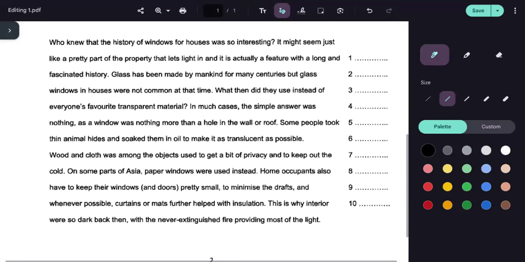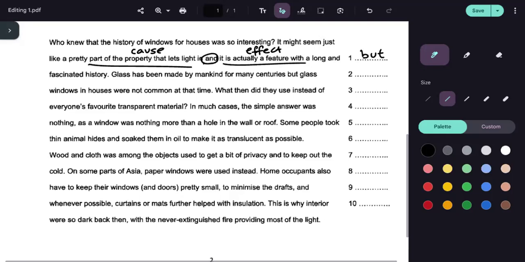It might seem just like a pretty part of the property that lets light in and is actually a feature with a long and fascinating history. The error here is "and", and it should be "but", because there's a cause. This is your cause and this is your effect.